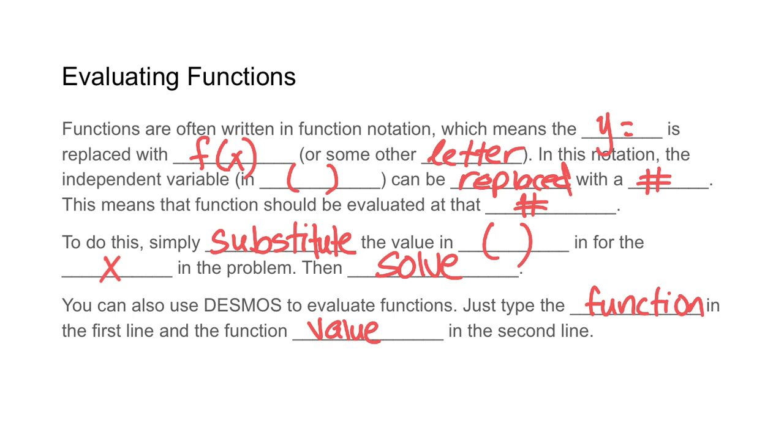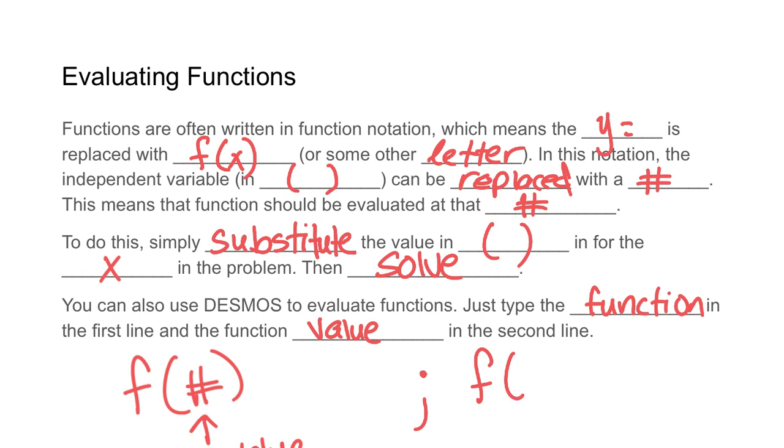So things you want to pick up from this, when you're evaluating functions, if they tell you f of a number, that number is an x value. If they tell you f of x equals a number, that number is a y value, because f of x means the same thing as y.